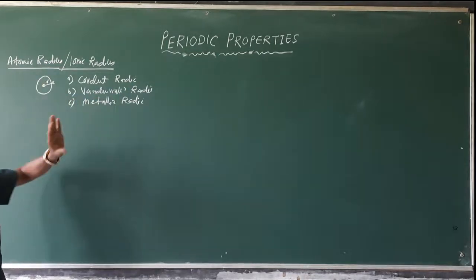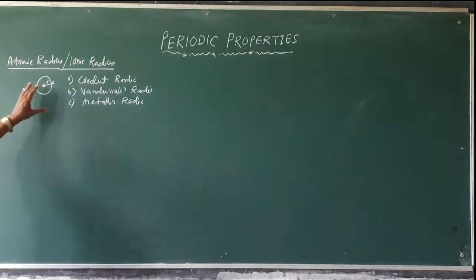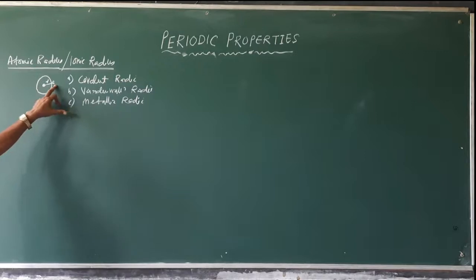These are the three types of radius. But we will discuss in general. Then what is the atomic radius? It's the distance between the nucleus and outermost electron.